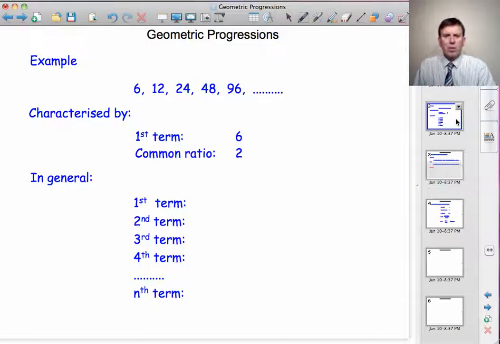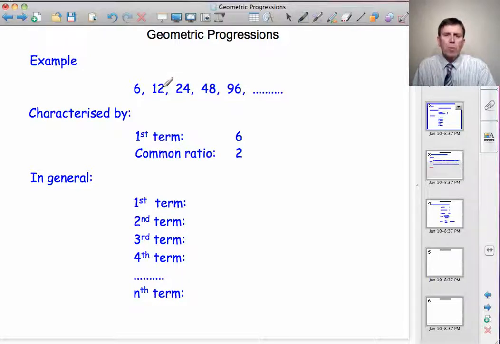To begin then, let's have a look at an example. 6, 12, 24, 48, 96 and so on. In a geometric progression, you obtain one term from the previous term by multiplying by a fixed constant. So we can see here that 12 is obtained from 6 by multiplying by 2. 24 is obtained from 12 by multiplying by 2.